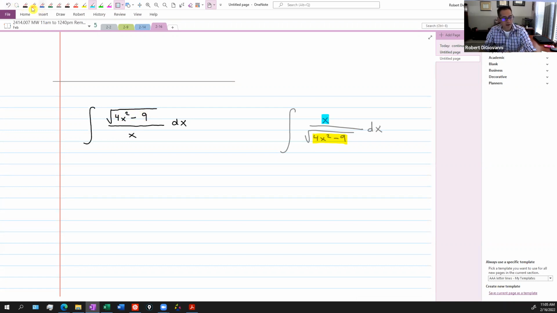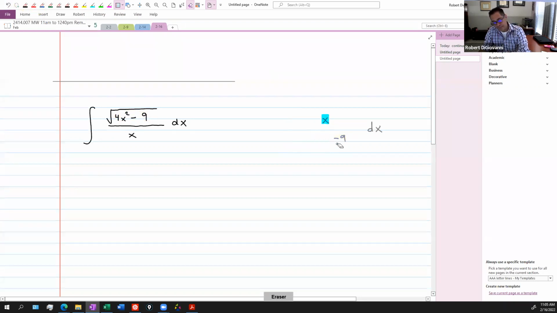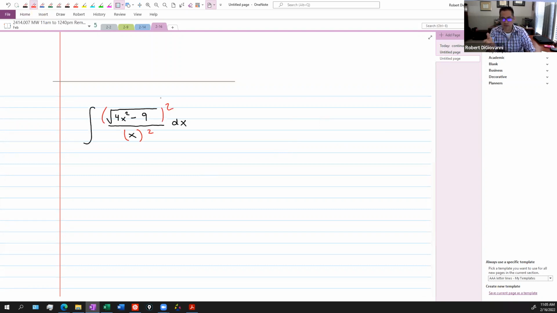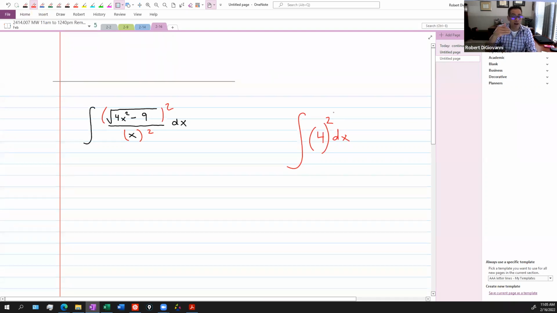Another thing I want to point out is that students will sometimes do this. They'll say, well, wait a minute, why don't I just square the top and the bottom? If I square the top, the square root goes away, I square the bottom, it becomes x squared. That's just not a legal move, because when you take an expression, let's say the number 4, and then all of a sudden square it, you don't have the same thing anymore. It's not like multiplying by 1.